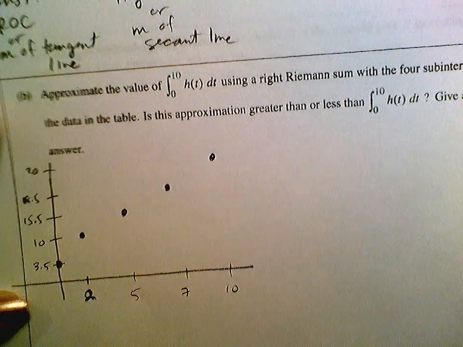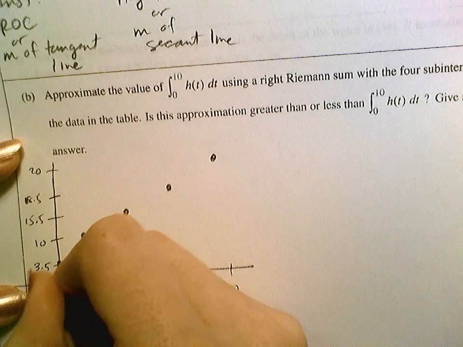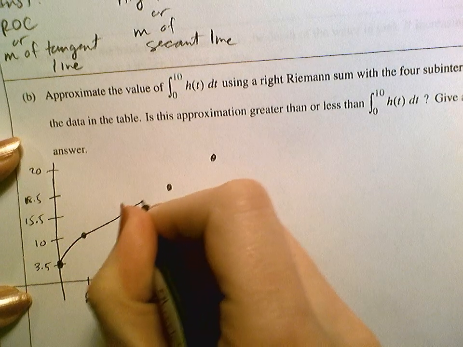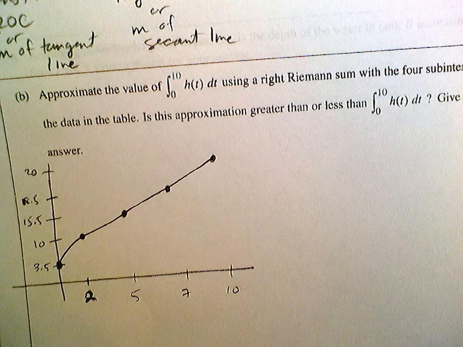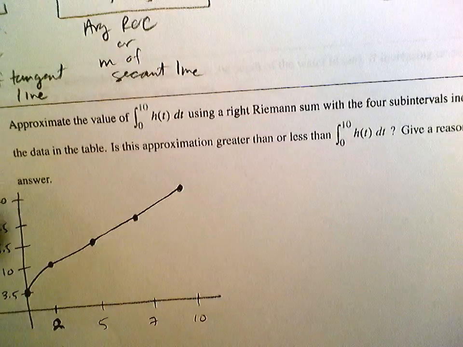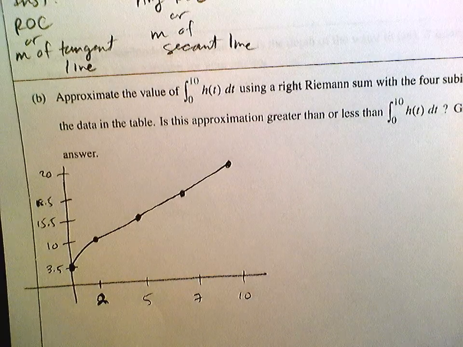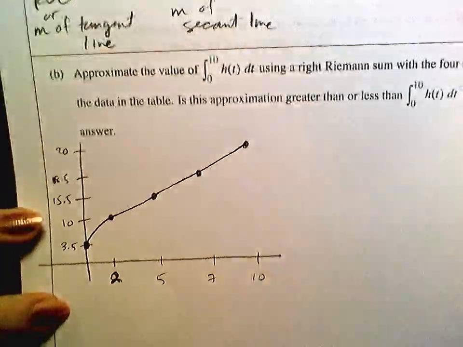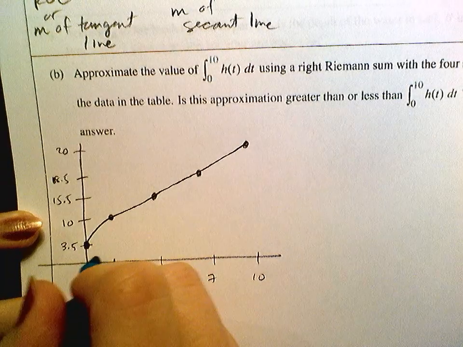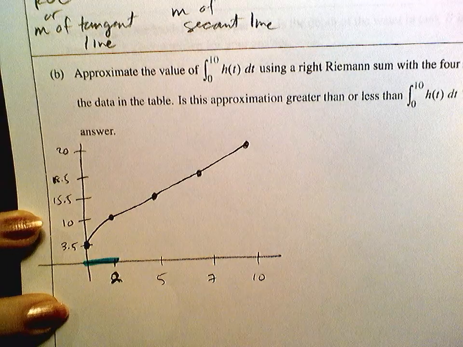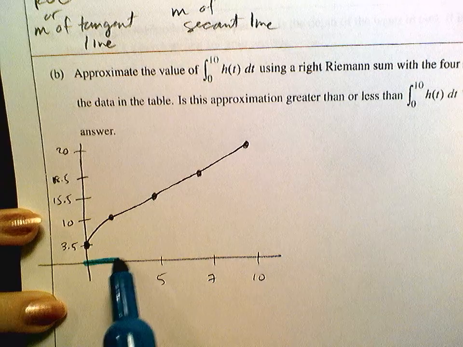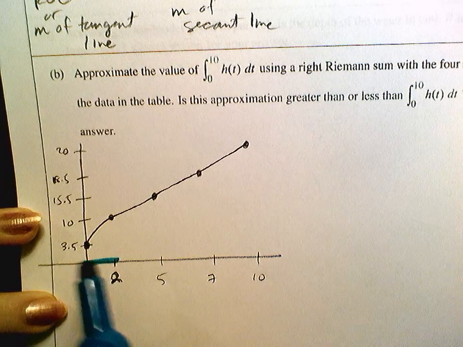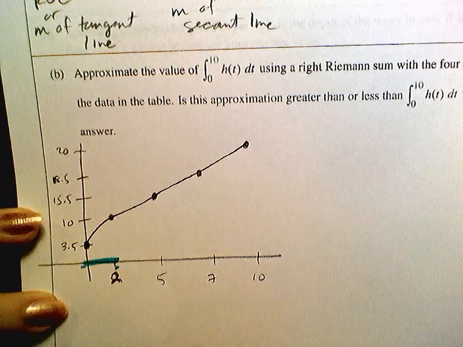Okay, so something like this, and it's got to be smooth, because that's the differentiable part. The way that a right Riemann sum works, and some of you did a left Riemann sum, and I couldn't give you the points for that, but you had the right idea. So here's the base of the first rectangle. Am I going to use the left endpoint or the right endpoint for the height?